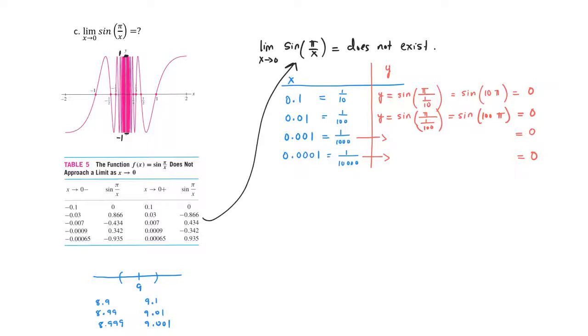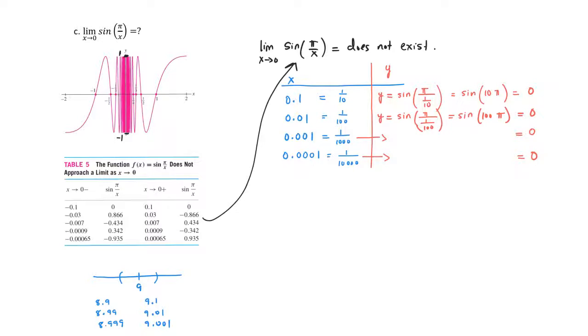So if we choose x values that follow a pattern like this, 0.1, 0.01, 0.001, with this function, we can conclude that the function has a limit at 0, when in fact the function doesn't have a limit at 0.